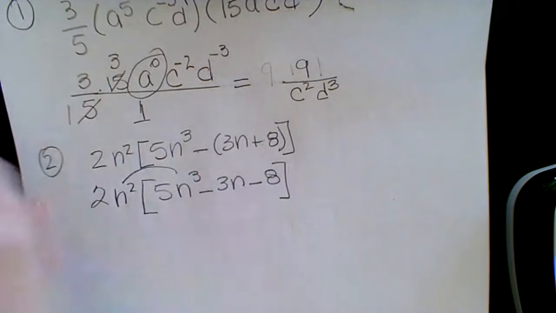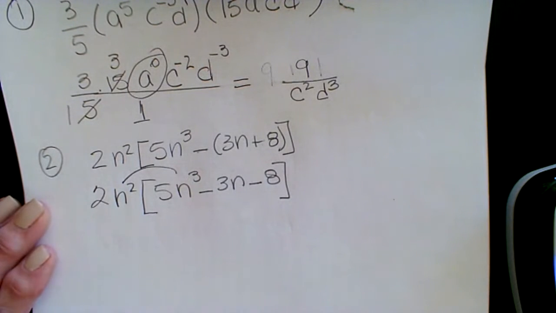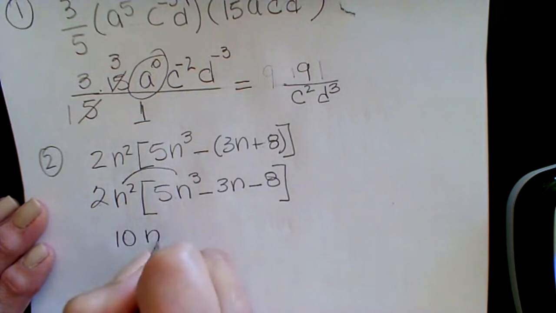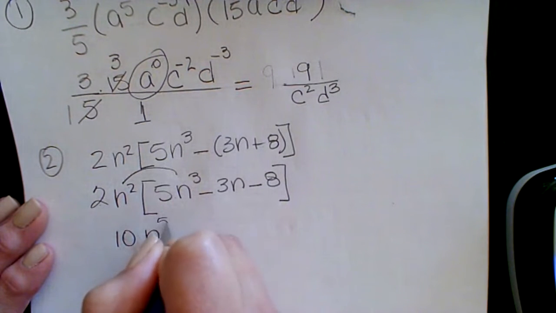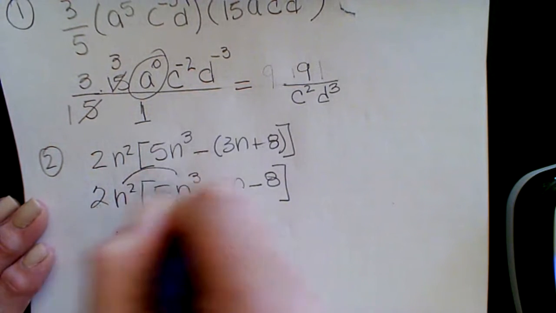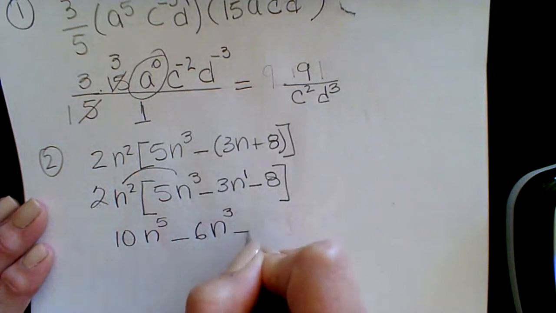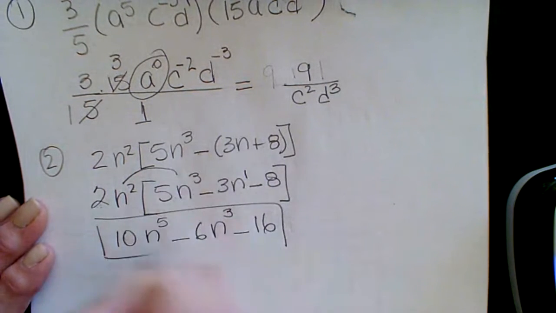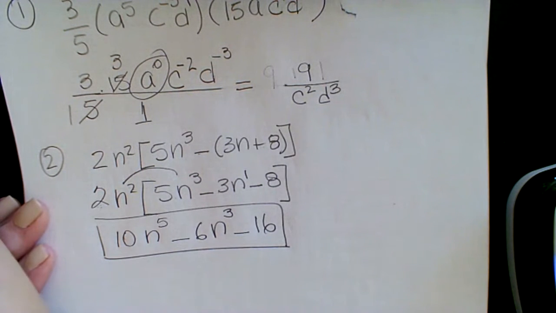Now let's do the distribution. So what do we have there? We have 2 times 5 is 10. 2 plus 3 is 5. 2 times 3 is 6. 2 plus 1 is 3. 8 times 2 is negative 16. And this is my answer there.